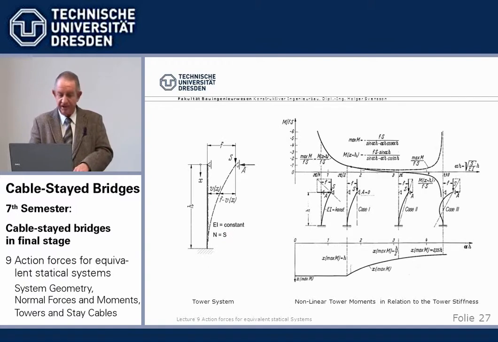Okay, very briefly, towers. In longitudinal direction, we have a cantilever fixed here. This is the backstay cables. Now the backstay cables, by elongating, deflect the tower, so we get this deflected tower with the normal force, and depending on the ratio of this vertical component to the beam, to the tower stiffness, we have a non-linear effect.